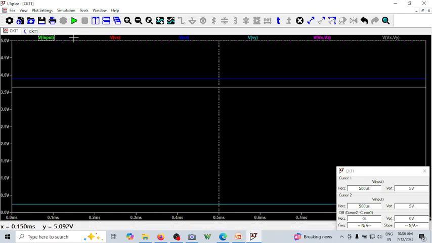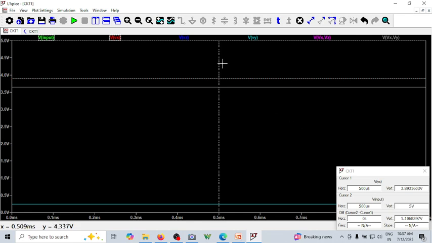You click on Vx once. If you click on Vx once, can you see one of the voltages is Vx, the other voltage is on Vin. So cursor 1 is the Vx voltage, cursor 2 is V input.